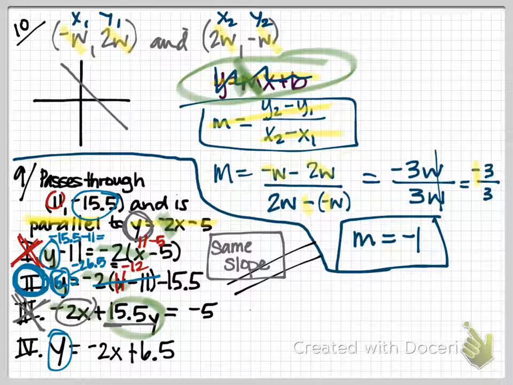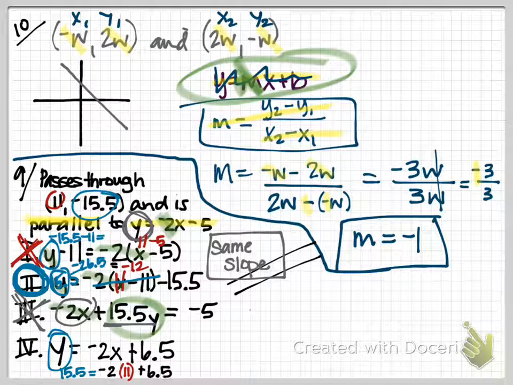We can do the same thing for number 4. Does negative 15.5 equal negative 2 times our 11 plus 6.5?